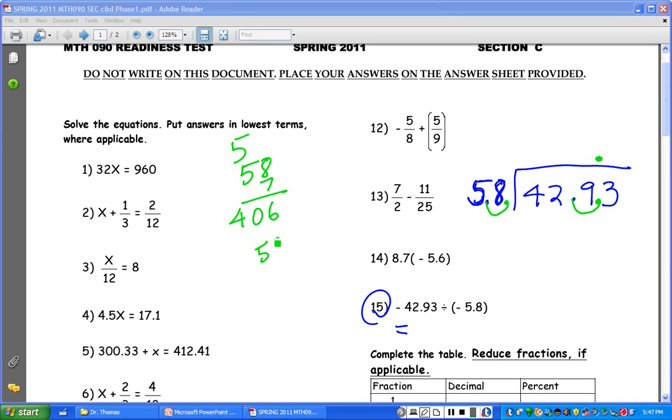Let's try 8, 464. So that's too much. So it's 7 times, which gives us 406. Subtract: 9 minus 6 is 3, 2, and you always bring down the next thing. Bring down that 3 and start over.